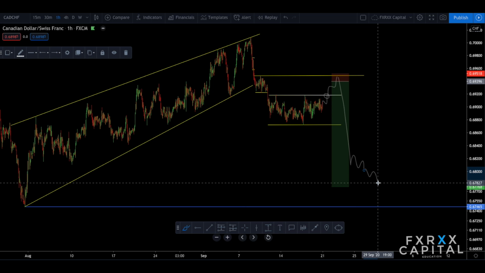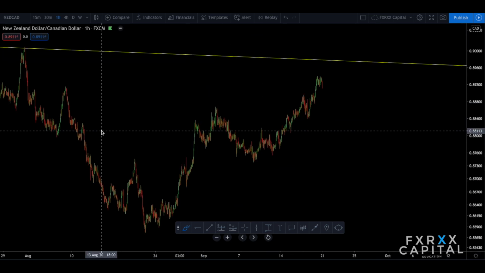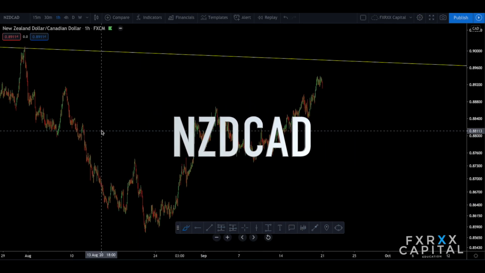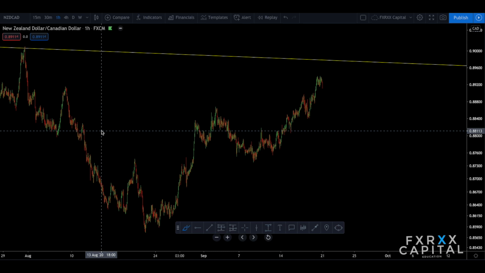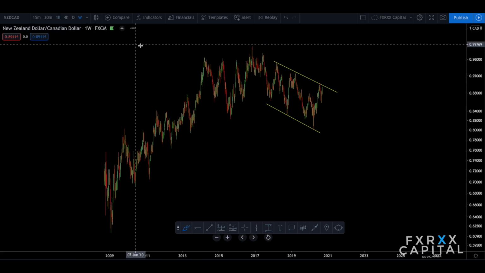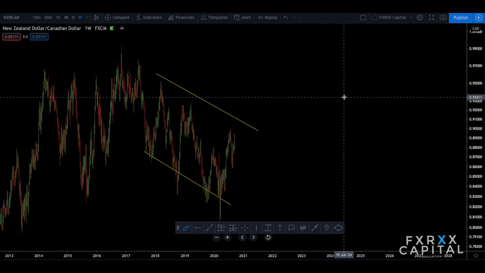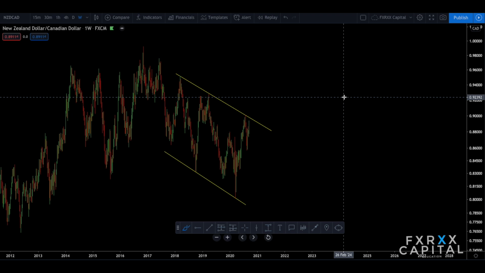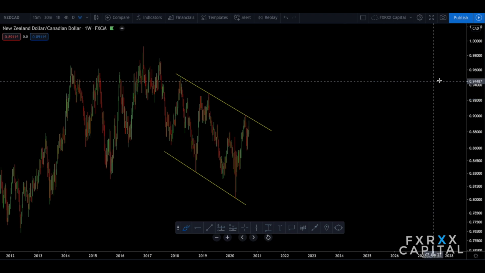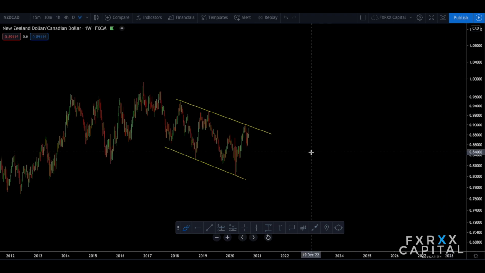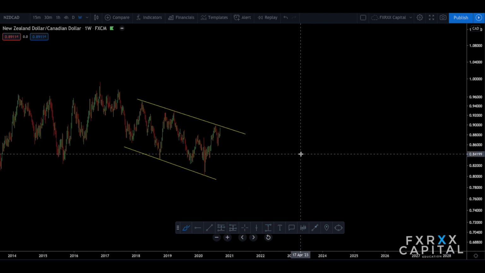We move to another pair, which is New Zealand dollar Canadian dollar. For this pair, in the high time frame, we can see price show one big descending channel.